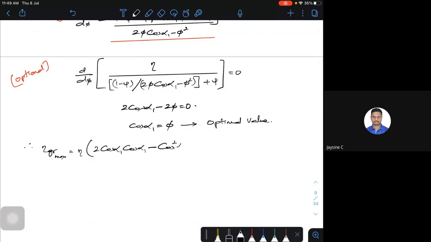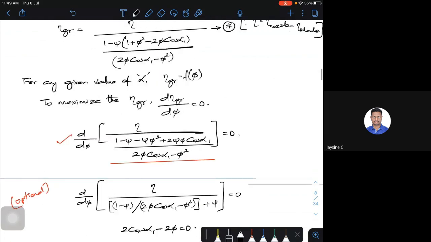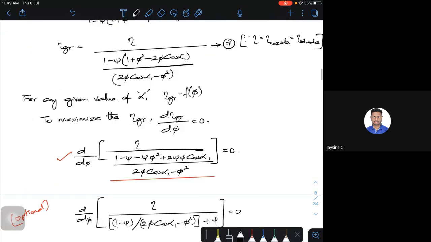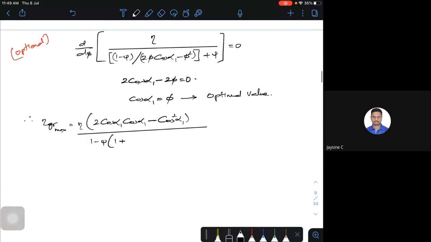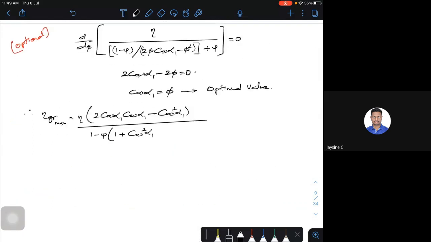This will become cos square alpha 1, whole thing divided by 1 minus psi into 1 plus cos square alpha 1 minus 2 cos alpha 1 into cos alpha 1. This is what I am going to get.